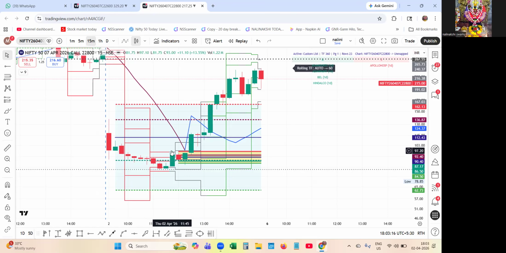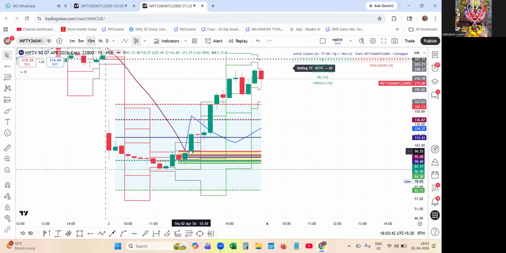This is popping out. Notice that the high was 93 and the low on that candle was 81. So you can keep the candle low as a stop loss.